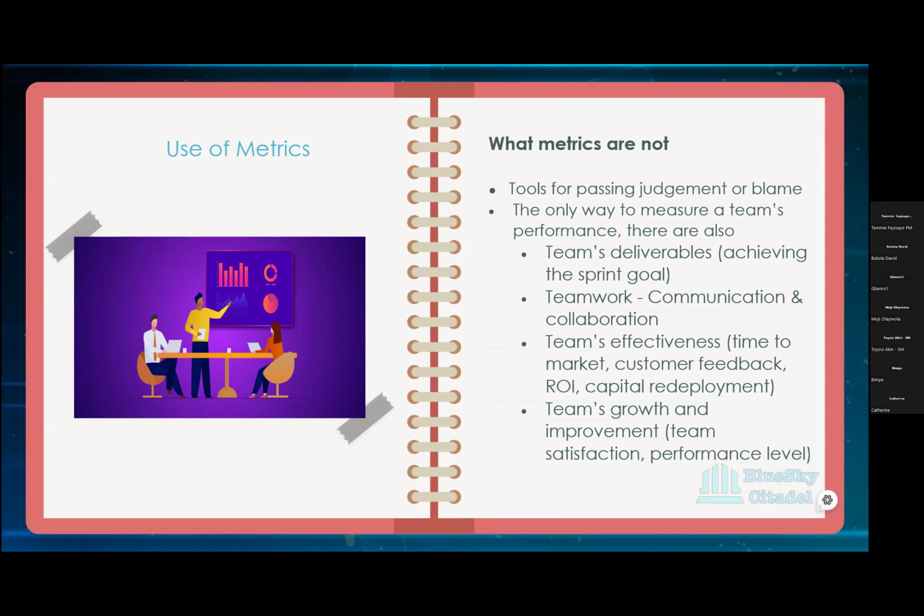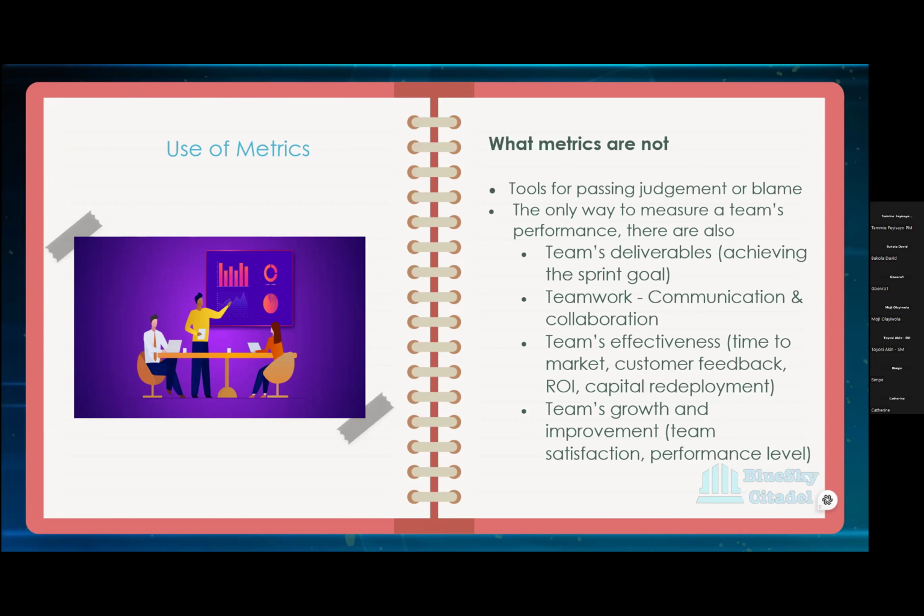You're the person that shields the team, so you have to shield them and make them comfortable with metrics. It's not a tool for passing judgment, and it's not a tool for blame.